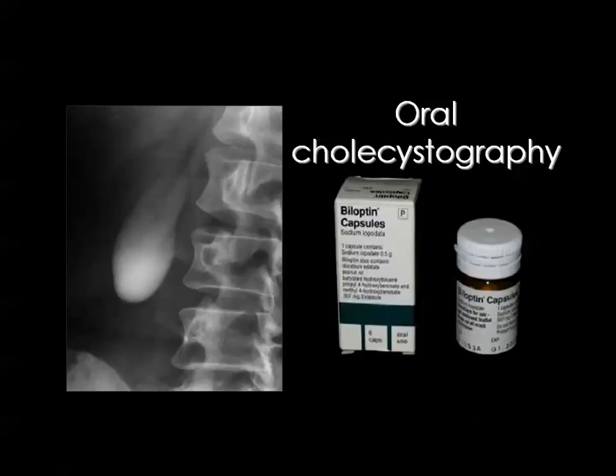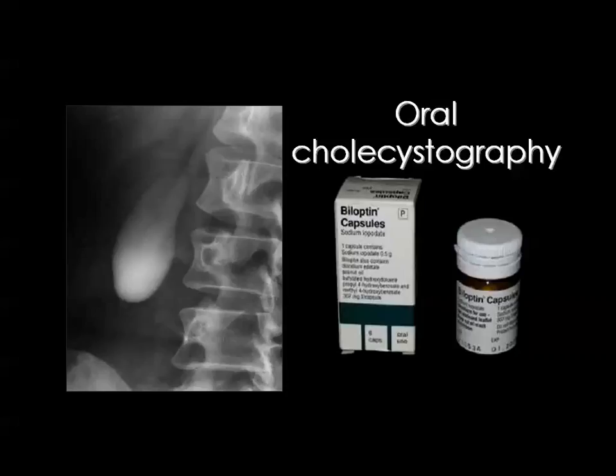The very old technique known as oral cholecystography was done by giving some capsules. This is an oral contrast media known as biloptin, and these capsules are taken by the patient at night, and in the morning he is fasting and comes to the radiology department, having just plain films for the region of the gallbladder.